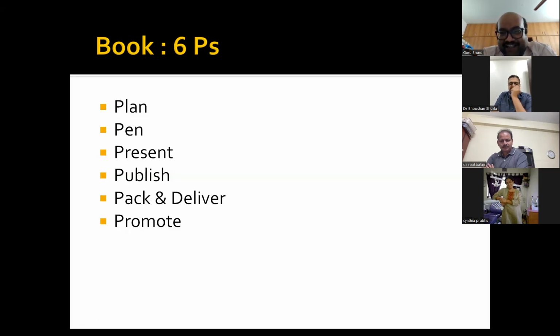So just to make it catchy, I have found words starting with P for each of the stages. This 6P is only my invention. So if you do these 6 P's one by one, your book is out. Very, very simple.